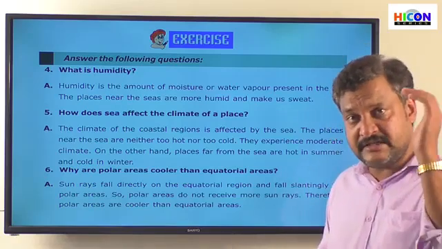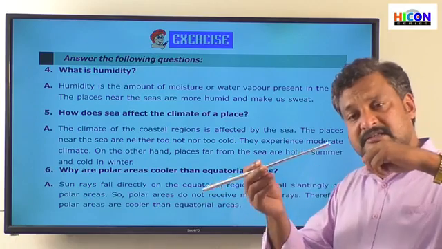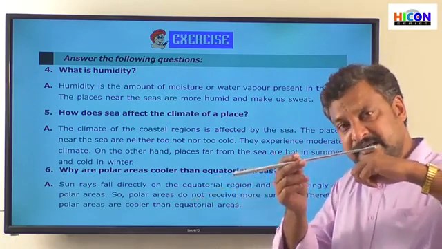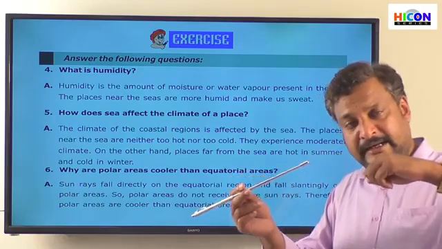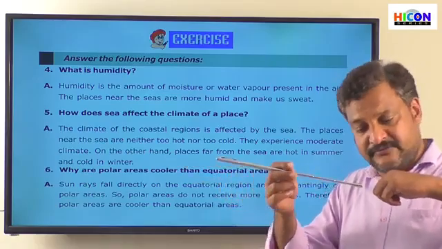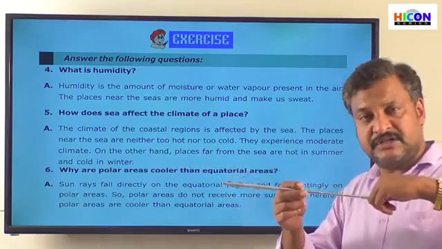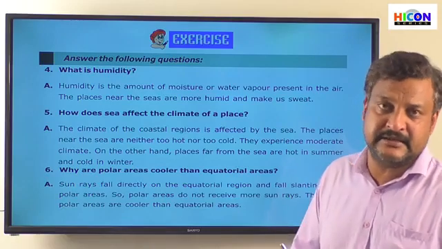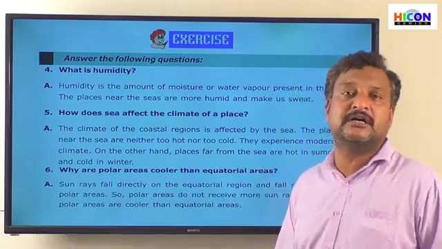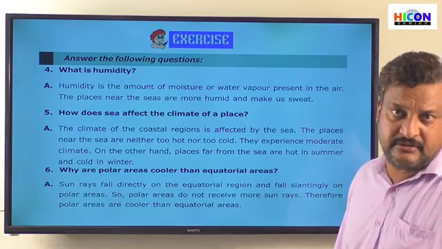On polar regions, the sun rays have to travel a longer distance. It's slanting, and the intensity is less. On equatorial regions, it's just falling straight, it's a short travel, and very high intensity. Okay, so that is why the polar regions are cooler than the equatorial region, right?